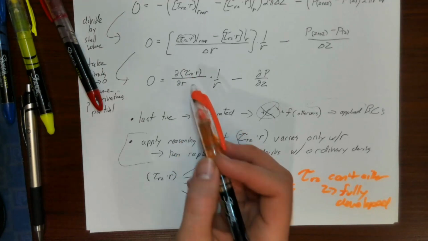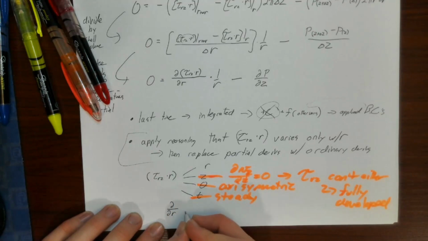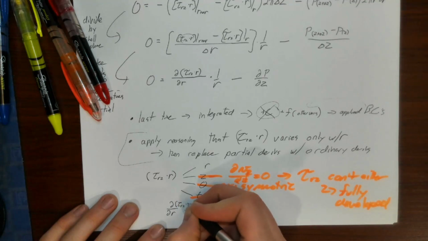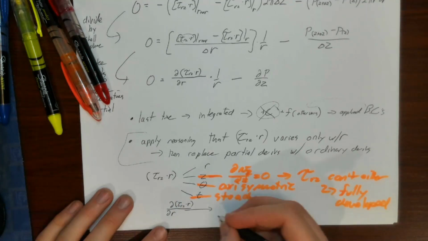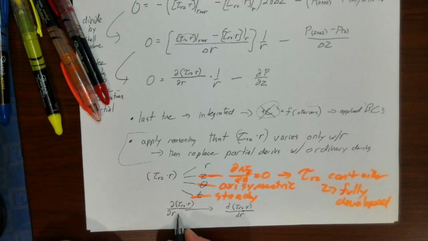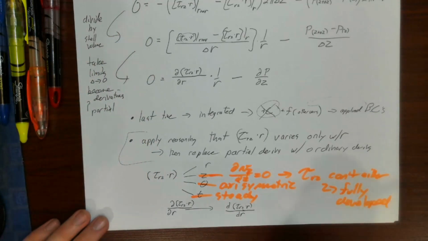Instead of having partial derivatives here, this means that the derivative of tau rz times r with respect to r can become an ordinary derivative, d of tau rz times r over dr. Why do we care about replacing partials with ordinaries? Well, that makes our integration lives a lot easier by now getting constants of integration instead of messy functions of integration. Whew. Success.